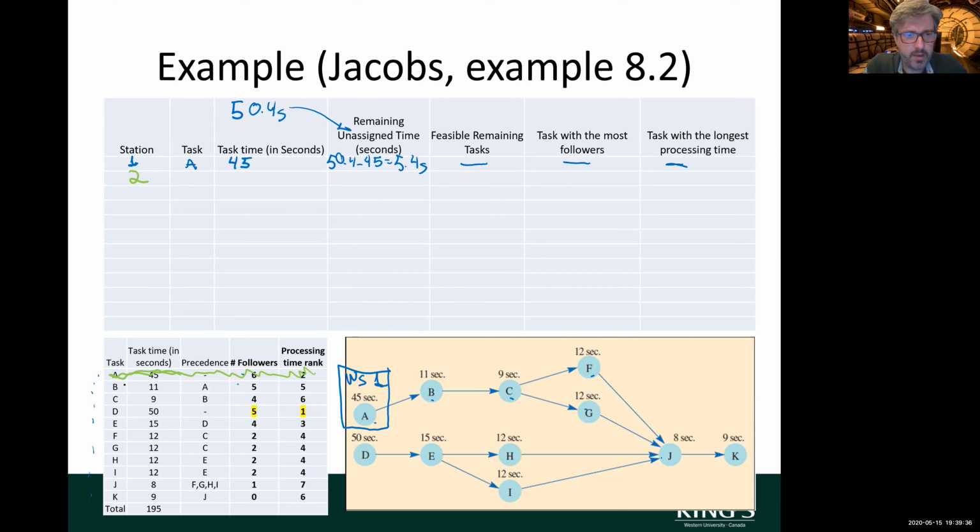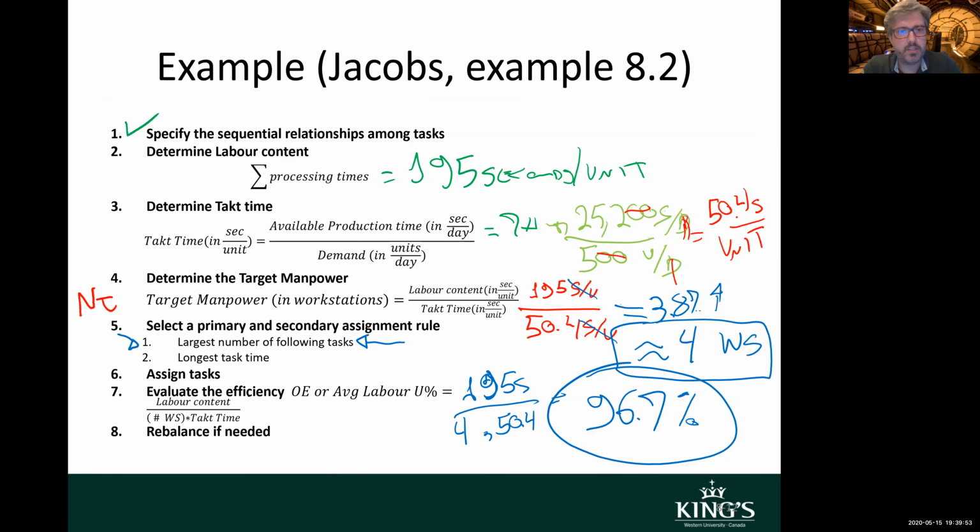Well, now I have B, and I also have task D, okay? So these two tasks have the same number of followers. So how do I break this tie? Let's look into what I had before. I select the one with the longest task time.